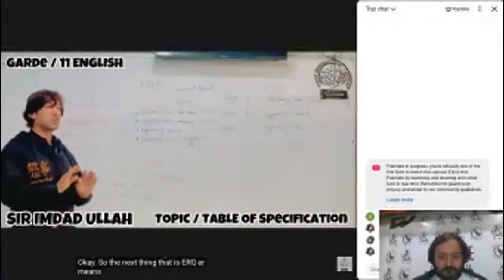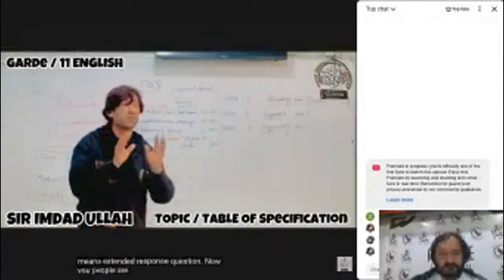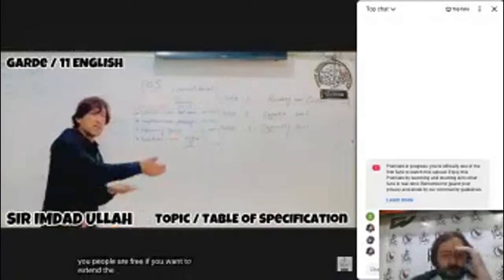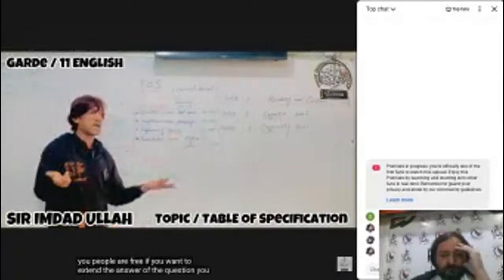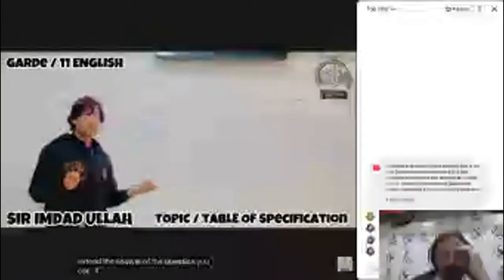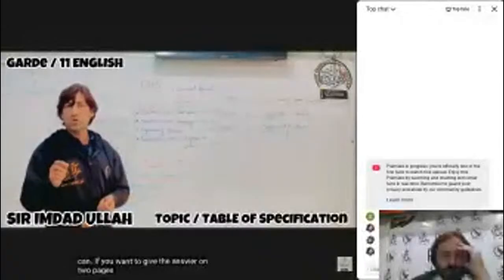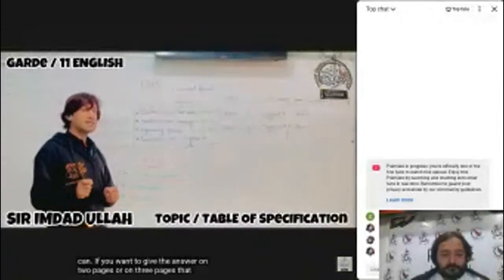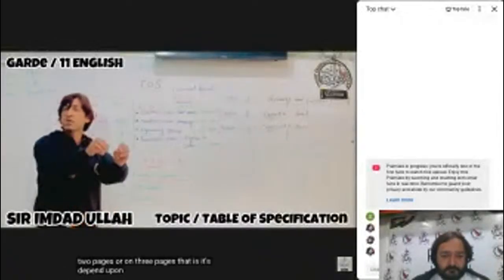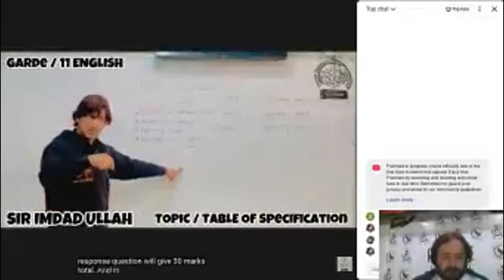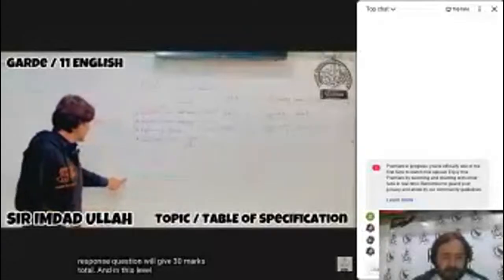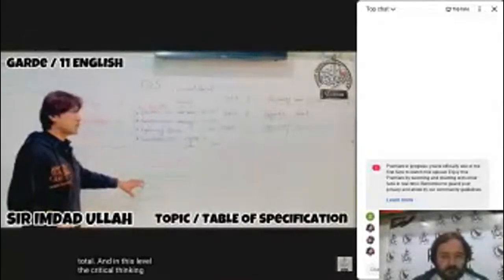So the next thing is ERQ. ERQ means extended response question. Now you are free: if you want to extend the answer of the question, you can. If you want to give the answer on 2 pages or 3 pages, it depends upon your will. The extended response questions will carry 30 marks in total. In this level there is the critical thinking question.